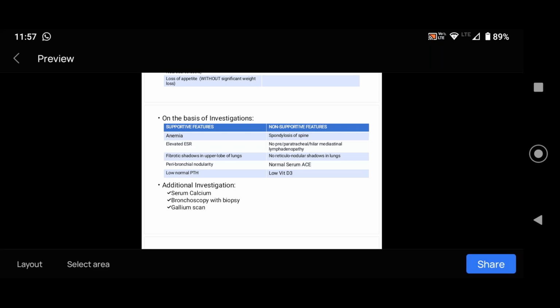And also, this patient has a low normal PTH, which can to some extent go in favor of sarcoidosis, because sarcoidosis people, they generally have a lesser range of parathyroid hormone. But the feature that does not go much in favor is spondylosis of spine, or the most important thing is there is no pre or paratracheal or any hilar or mediastinal lymphadenopathy, which is not what we usually see in sarcoidosis.